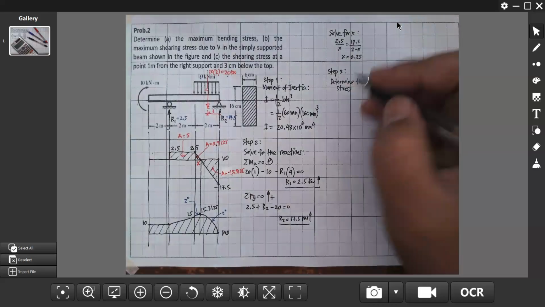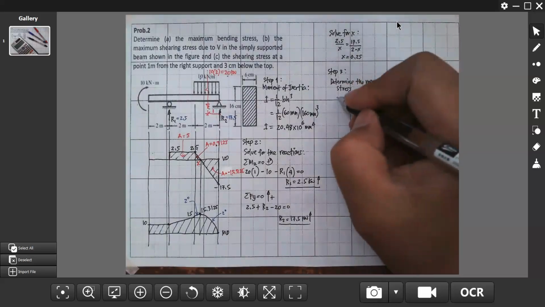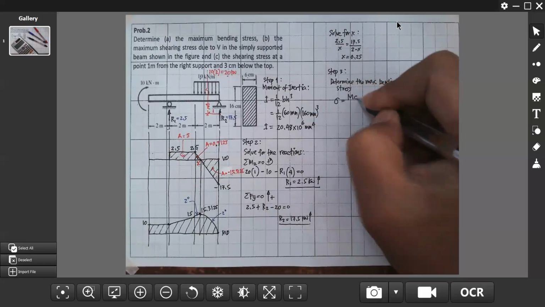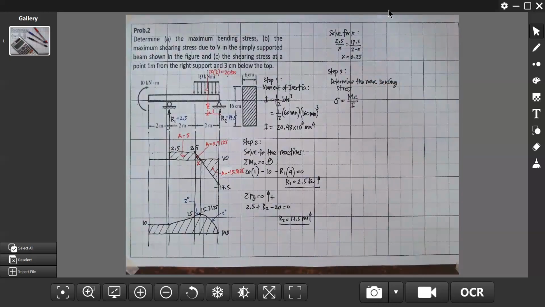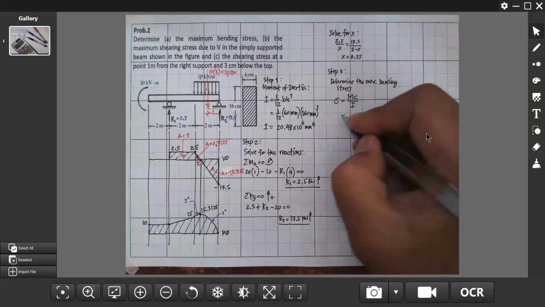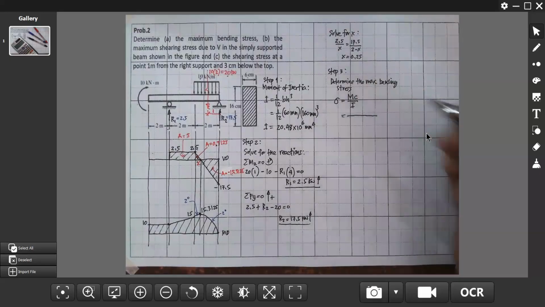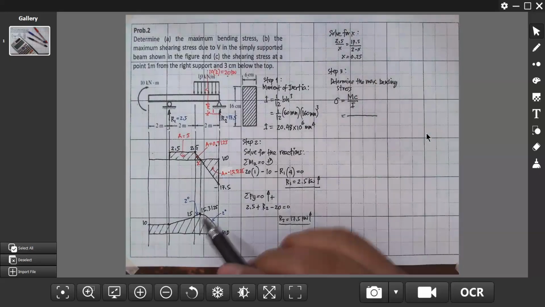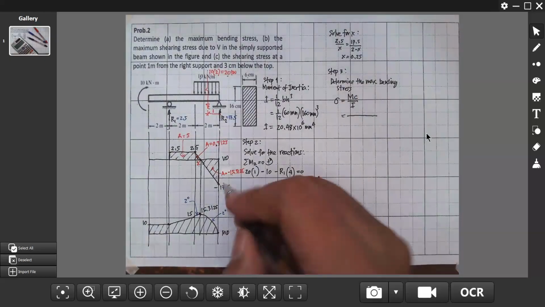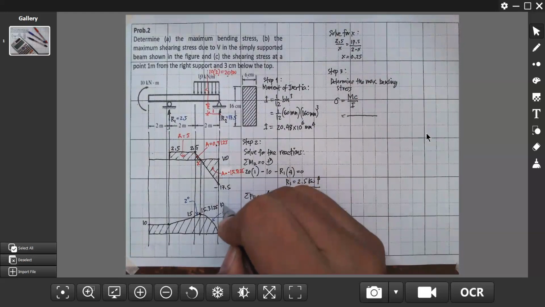The formula is sigma equals MC over I. Let's substitute the values. The maximum moment is this one, 15.3125, and the unit is kilonewton meter.